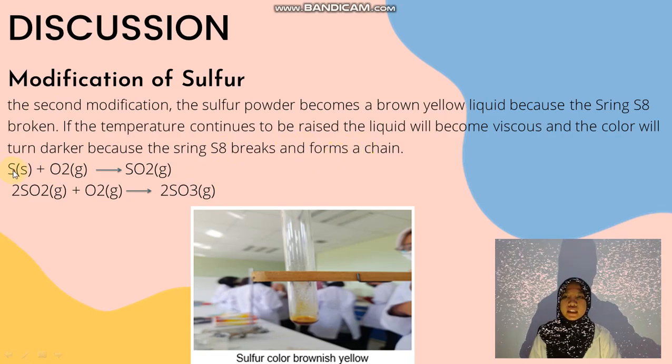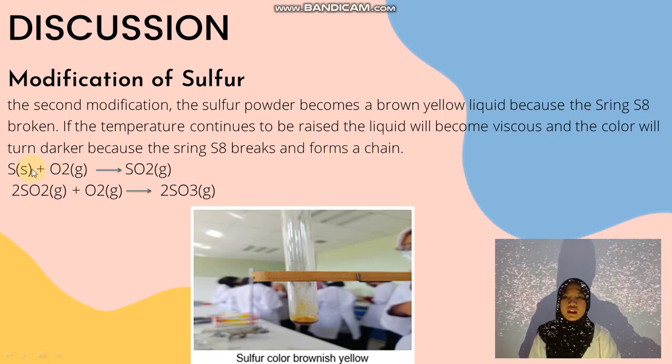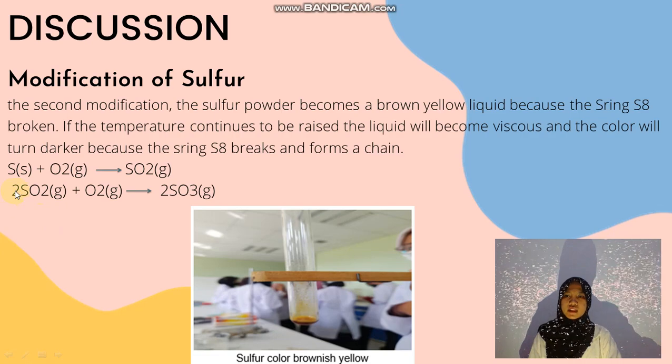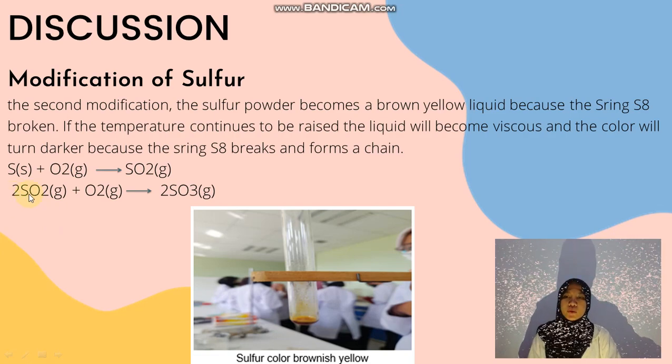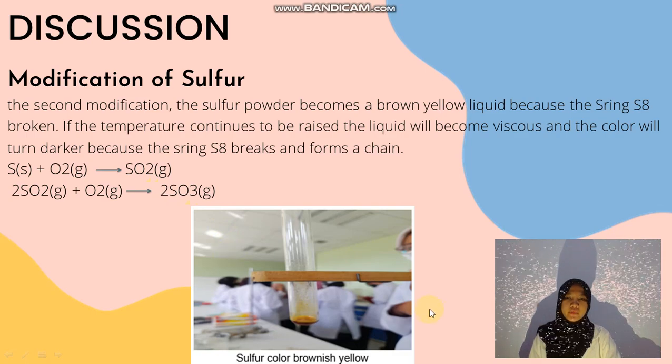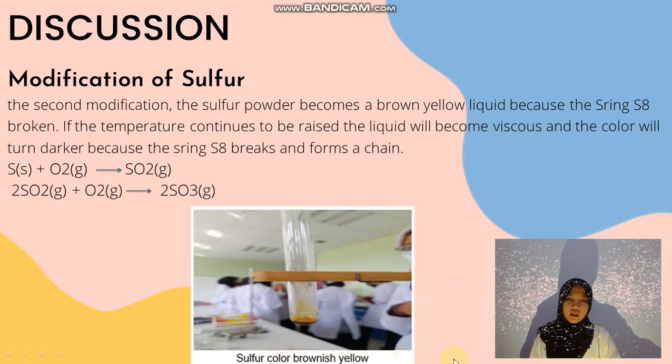The reaction is S plus O2 produces SO2. Next, 2SO2 plus O2 produces 2SO3. In the picture, the sulfur color is brownish yellow.